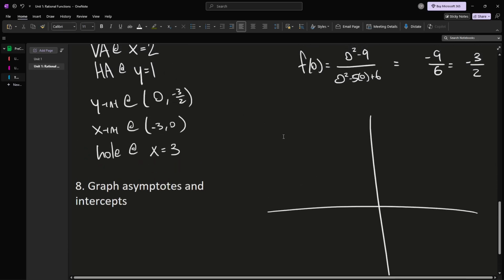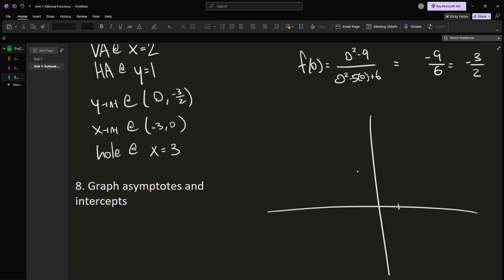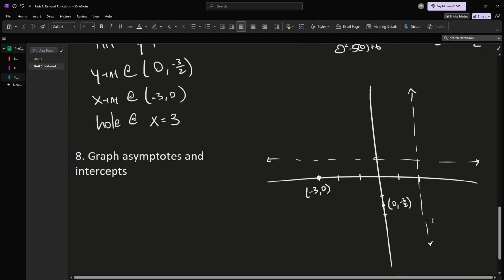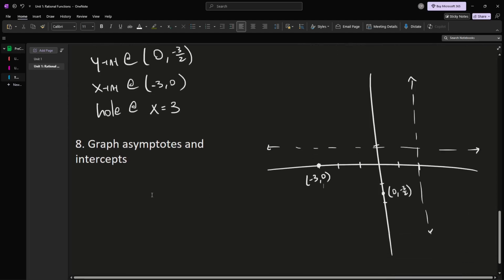And now I see asymptote at x equals 2, horizontal asymptote at y equals 1. Y-intercept at negative 3 halves, so right here, 0, negative 3 over 2. And x-intercept at negative 3, 0. The hole is not graphed just yet. I have a hole at x equals 3, but we don't know where it is yet.